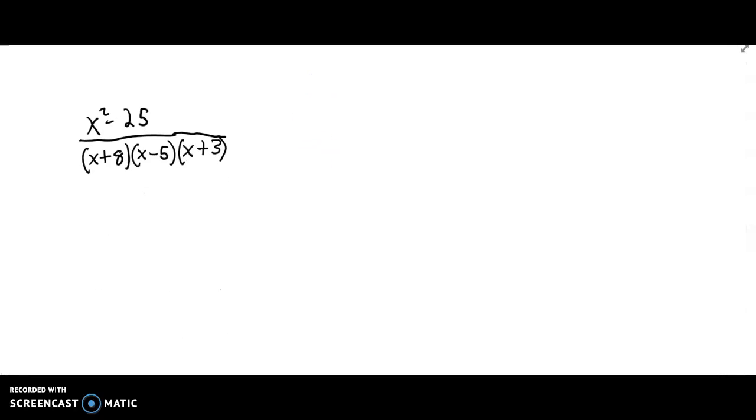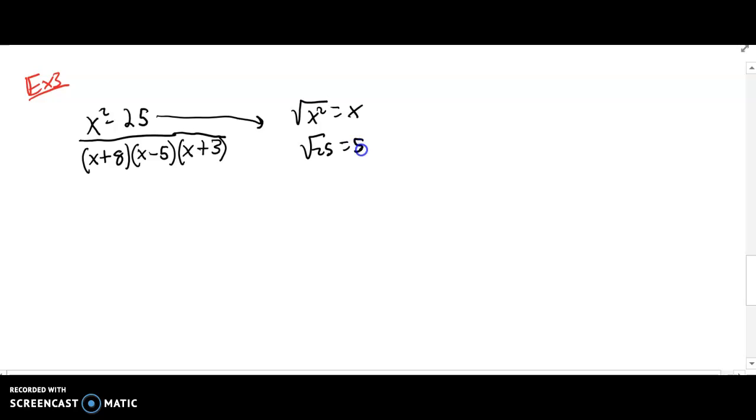All right, let's look at example 3 here. Okay, our denominator is already factored, which is nice. So let's just do the numerator. We've got x squared is x, square root of 25 is 5. So we get x plus 5 and x minus 5.